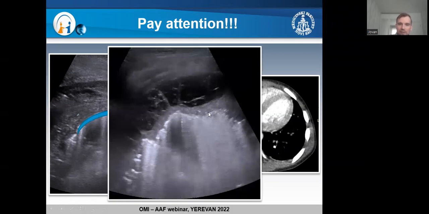Now look at here, again, lung, and within the lung, you can see those white lines, those B lines, compact B lines. Looks like white lung within the lung, but this is not an air-filled cavity. This is just the interface between the consolidated lung and the normal lung parenchyma.